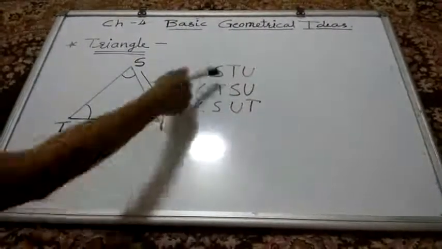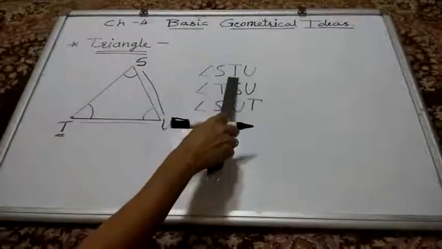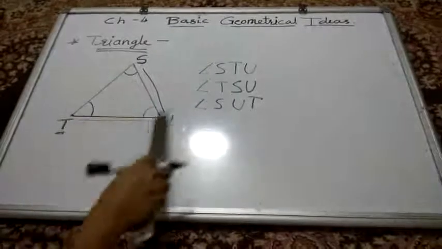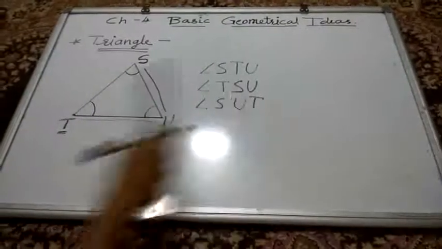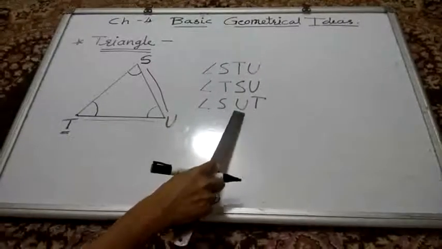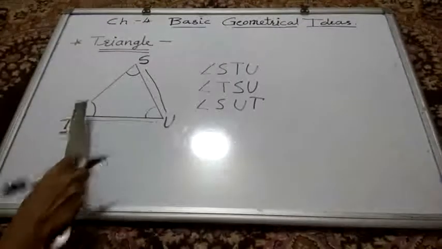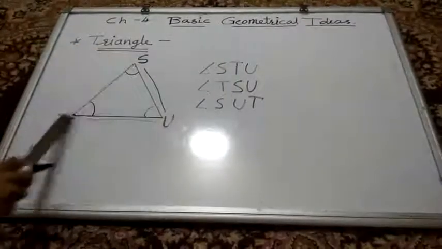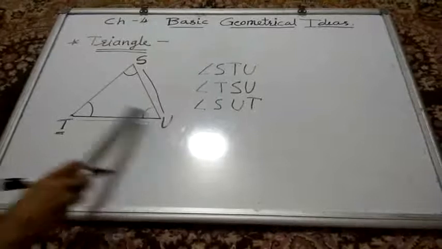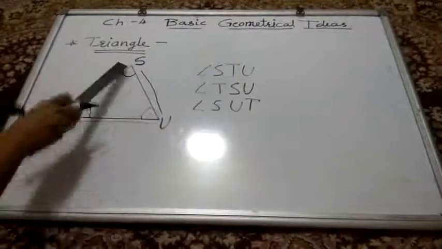If we observe all these three angles, in the first angle T is the vertex, in the second angle S is the vertex, in the third angle U is the vertex. So in a triangle we have three angles: angle STU, angle TUS and angle UST.